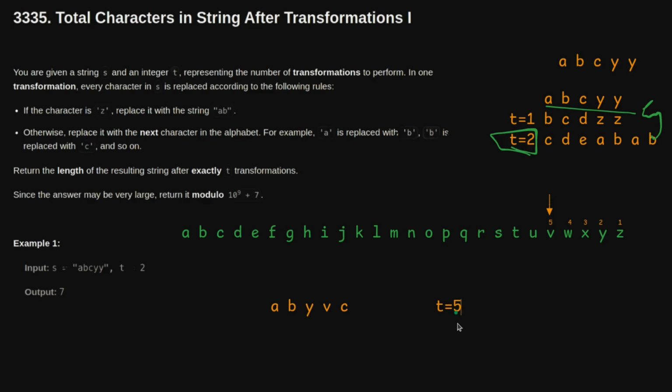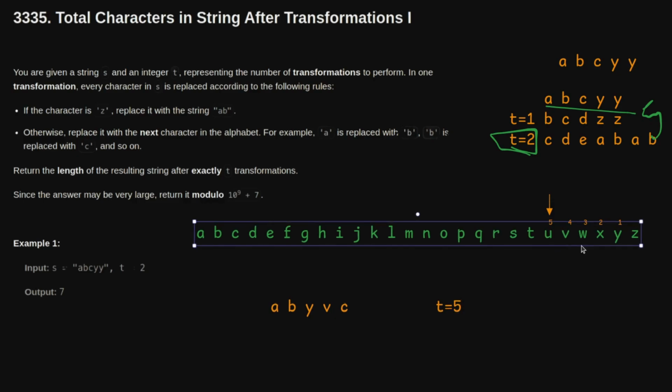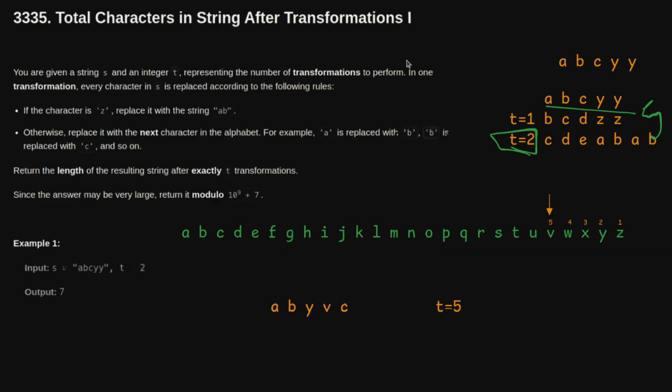If T is equal to 5, anything after this V will get replaced. That means W will get replaced, X will get replaced, Y will get replaced, and Z will get replaced. Okay, so let us see how they will get replaced and what will happen. First we will solve this question by the conventional method, then I will show you by this method.